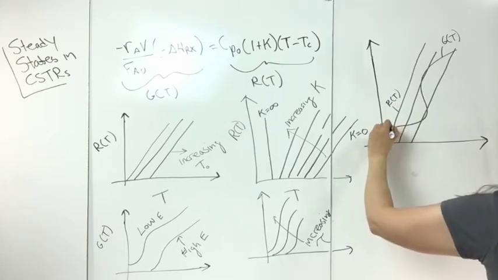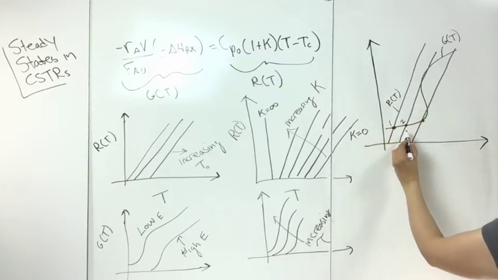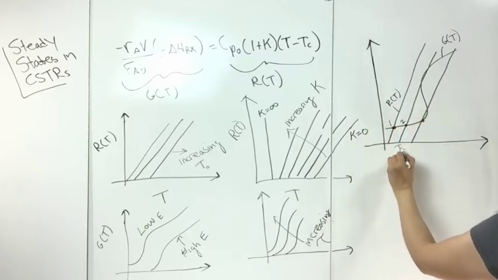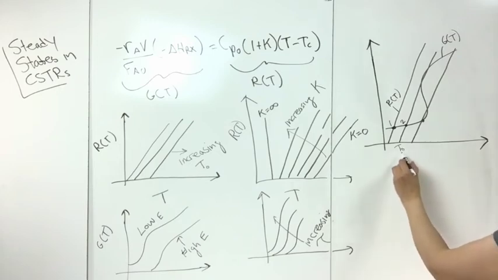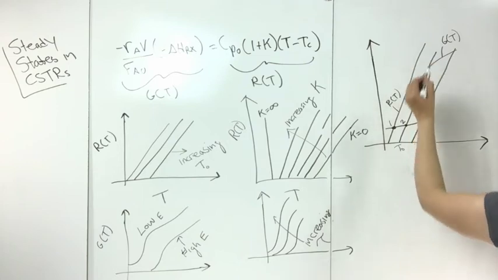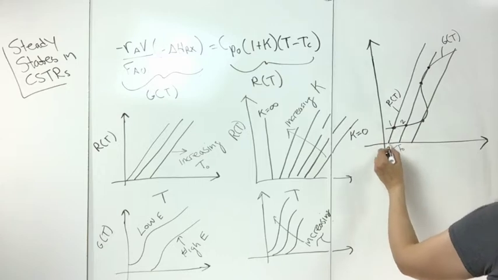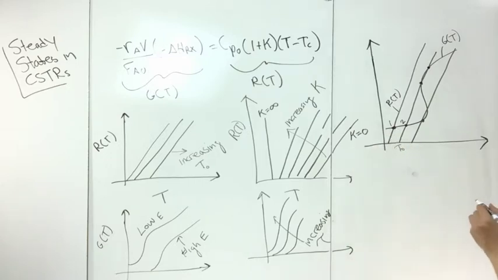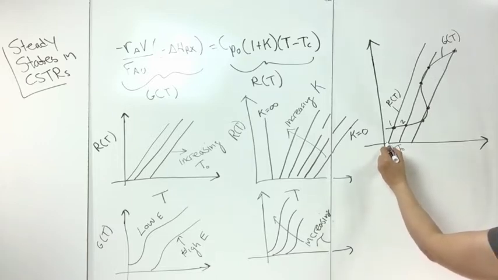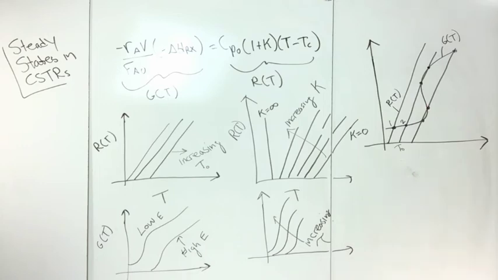All of these points are potential steady states. You can see where if you have this T naught, then you could potentially end up with several steady states, whereas if you use this one, you potentially only end up with one. So you can see that if you're operating your reactor at too low of a temperature, it might not be able to reach a steady state where the conversion is higher.